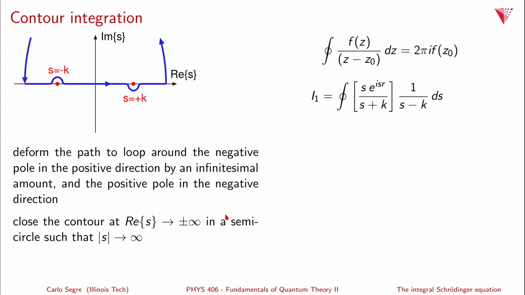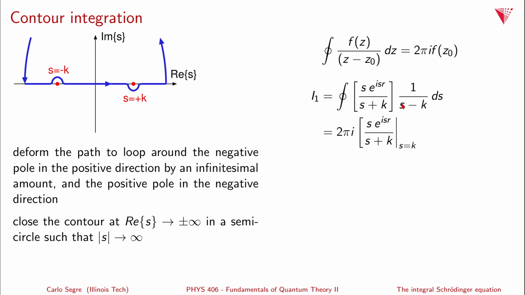The first integral, I1, is the integral where we're going to do a contour integral of s e to the ISR over s plus k times 1 over minus s minus k ds. We're going to close this in the positive imaginary s direction so that this pole at plus k is included, so that's this term here, and this pole at negative k is excluded.